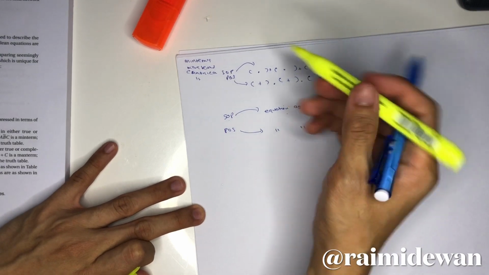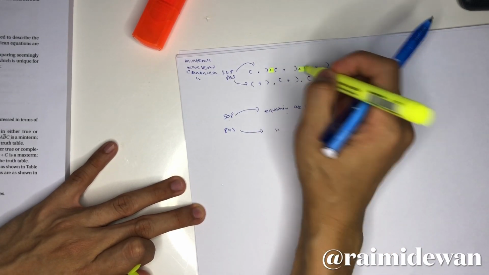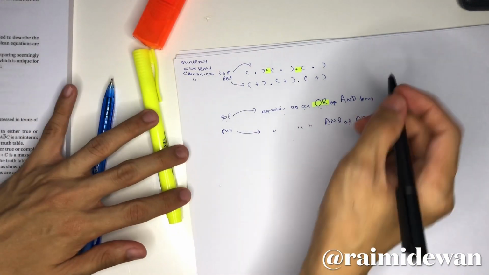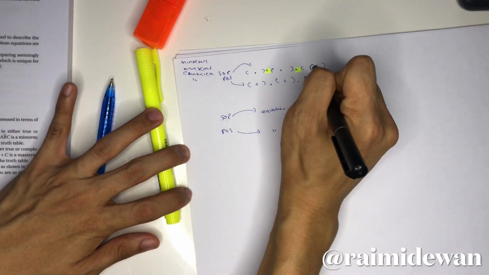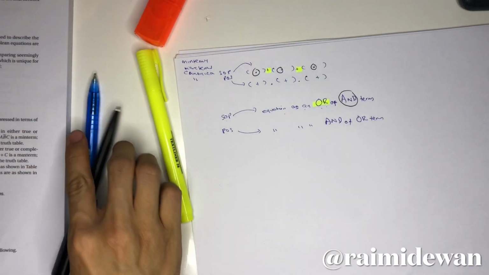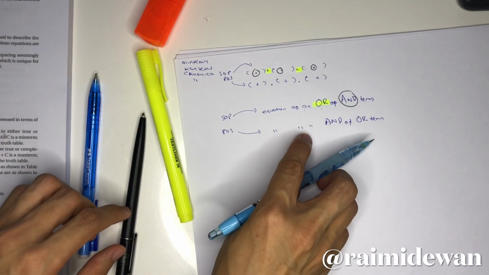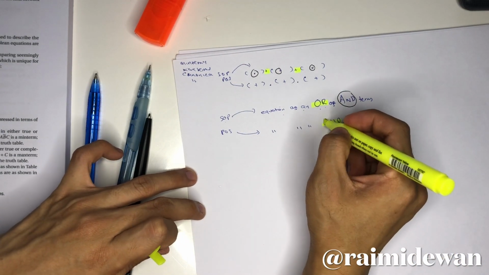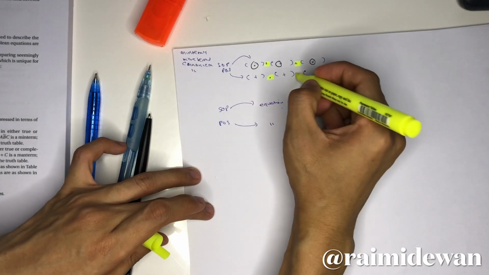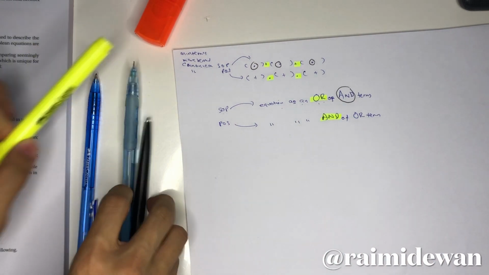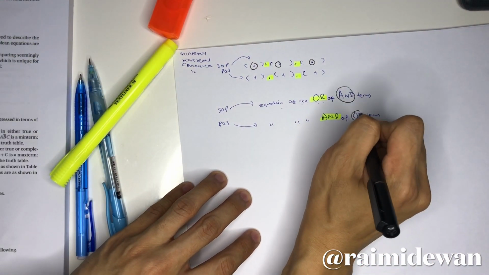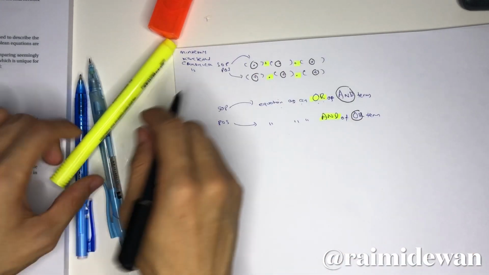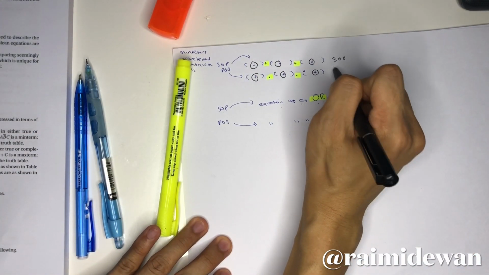You know OR is plus, right? So this is your SOP, and this is your POS.